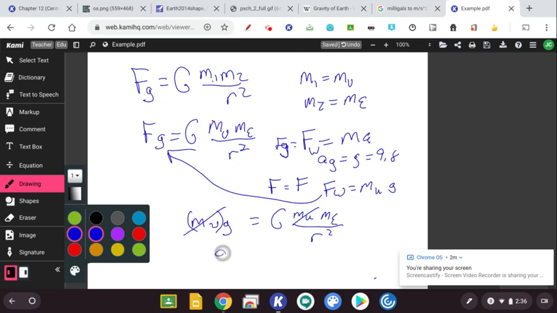And so we get a value that says g, which we call gravity, 9.8 meters per second squared, is equal to big G, which is that constant, 6.67 times 10 to the negative 11th, times the mass of the Earth divided by the radius squared. And so we have a way of calculating out the gravity that you're experiencing here on Earth.